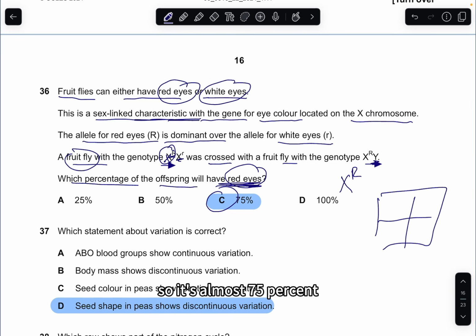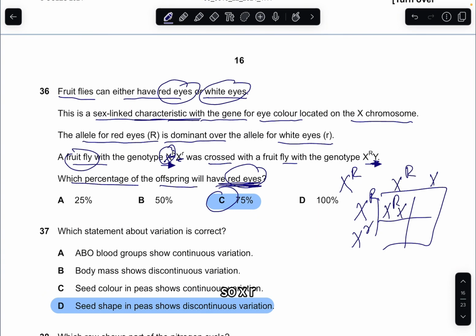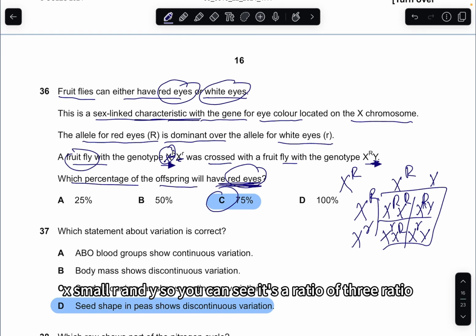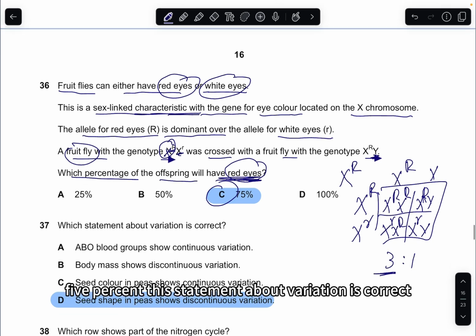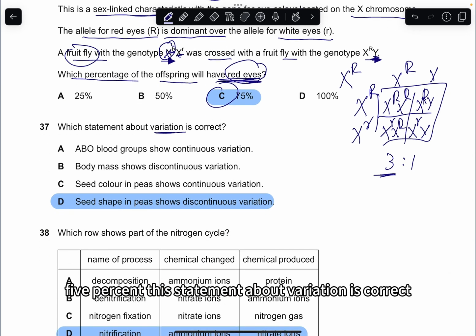So it's almost 75% will be XR. So XR, XR, and Y. XR, X capital R, X small r, and Y. So you can see it's a ratio of 3:1. So it's almost 75%.